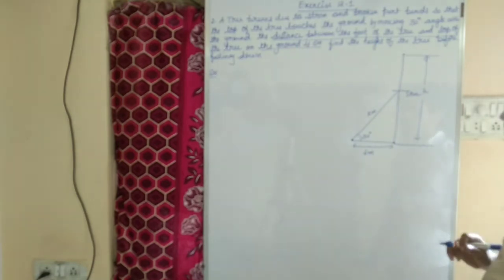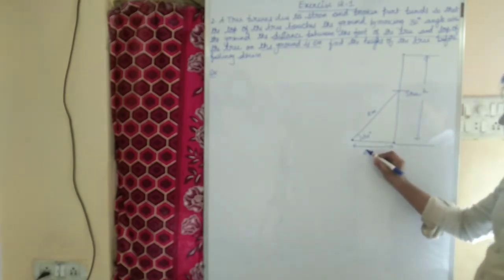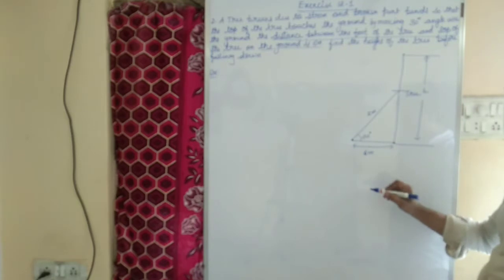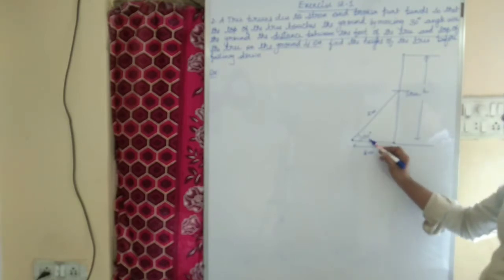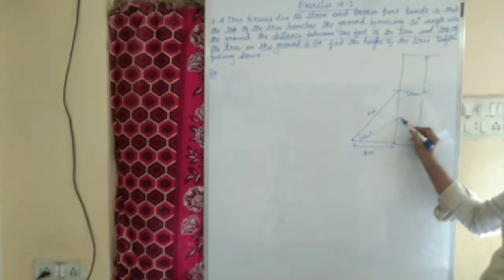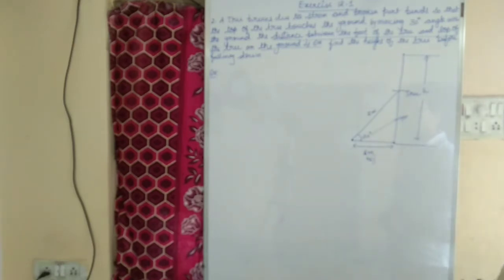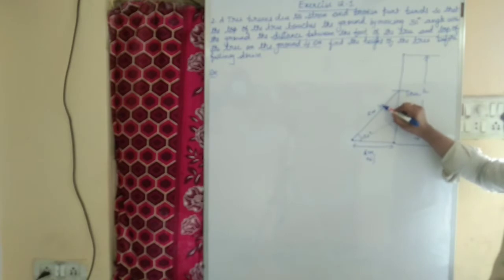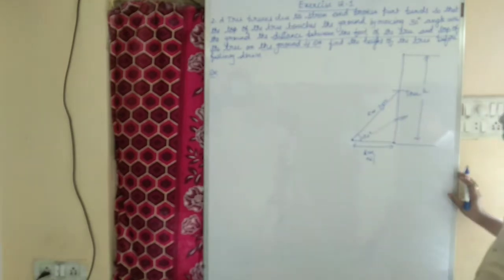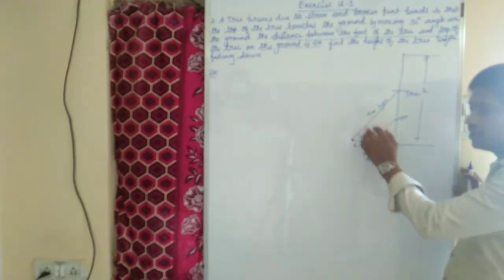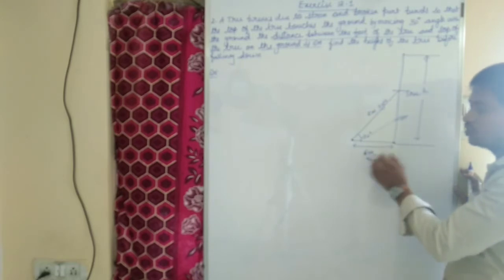Now if you observe, we have 6 meters, the angle is here. So this will be the opposite side, this will be the adjacent side, and of course this will be the hypotenuse. So here the hypotenuse is our unknown quantity and the adjacent side is our known quantity.